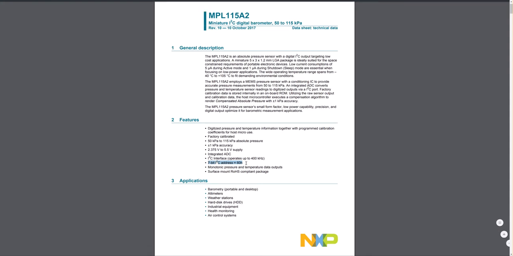Now this particular device has a fixed address, so we wouldn't be able to have multiple devices on the same I2C bus. Now if you needed multiple devices on the same I2C bus, this is where you'd have to then contact the manufacturer and see if there's any way to manufacture the MPL115A2 with different 7-bit I2C addresses.